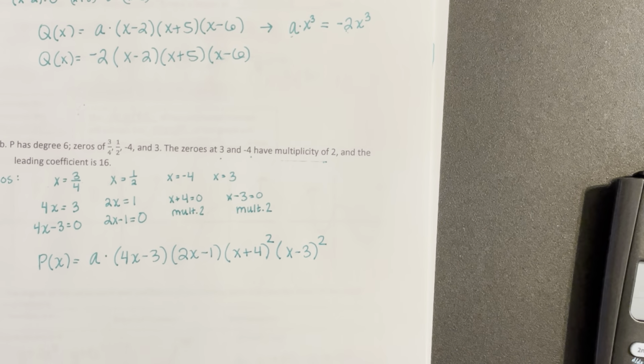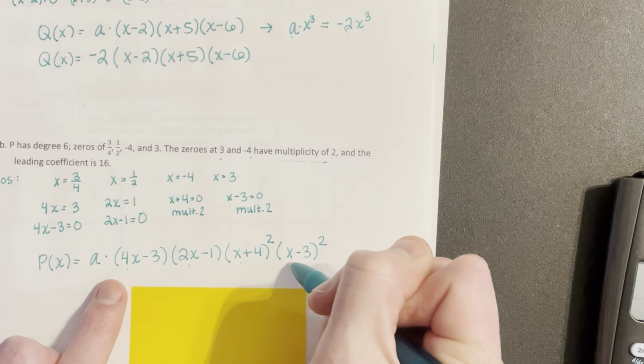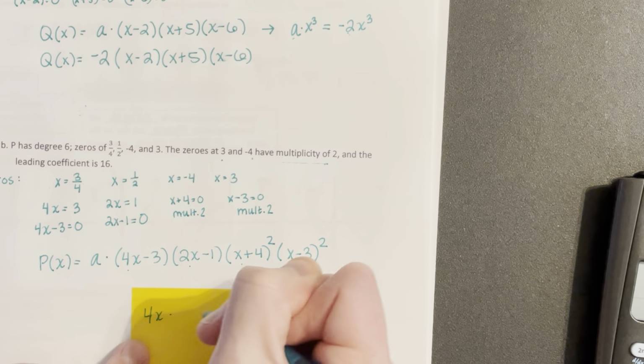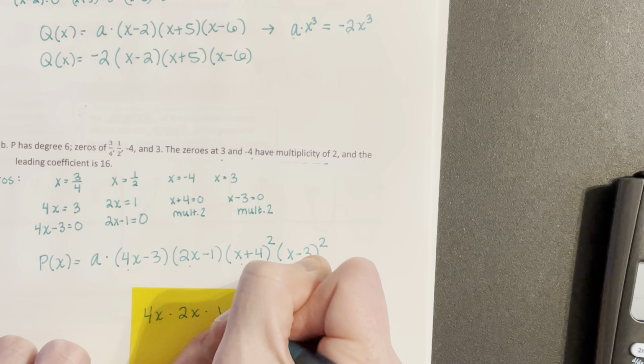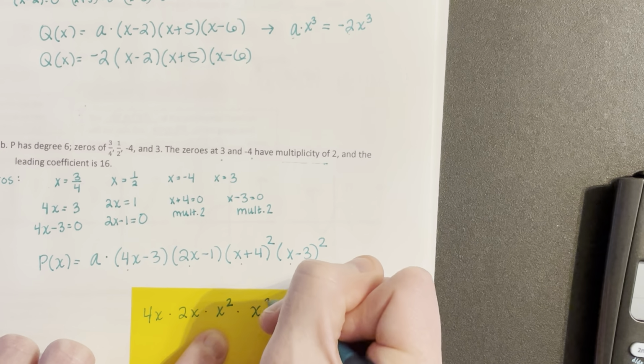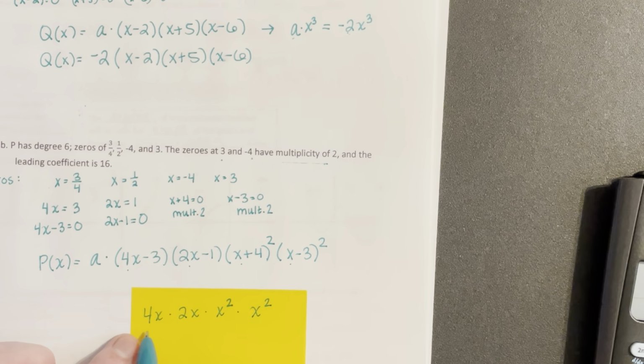This time when you start to multiply this all out, it's a little bit trickier. And again, we're not doing the whole thing, but I'm going to be looking at each part of the first terms and the multiplicities. So that would be a 4x times a 2x times an x squared times another x squared. So all of those first terms would lead me to that beginning initial term.